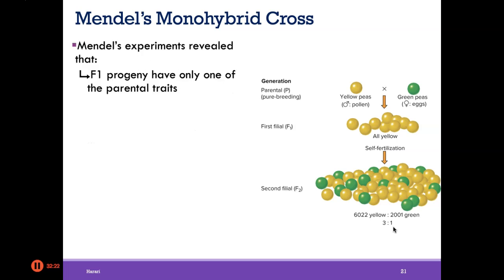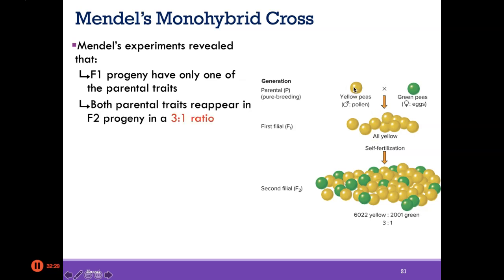So this experiment revealed that the F1 progeny have only one of the parental traits. And he also saw that both parental traits appear in the F2 progeny, but in a specific ratio, a 3-to-1 ratio. Some traits we can say are dominant or recessive.